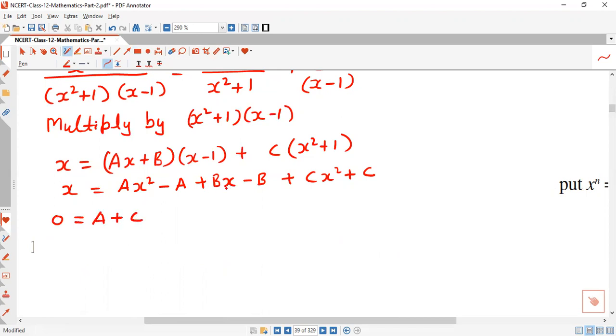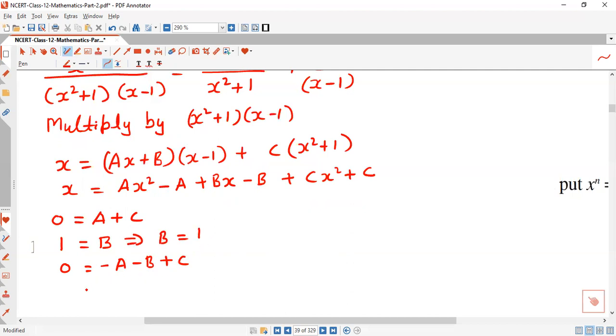For the x coefficient, on the left we have 1, and on the right only b, so b equal to 1. The constant comes out 0 on the left, and on the right minus a minus b plus c.